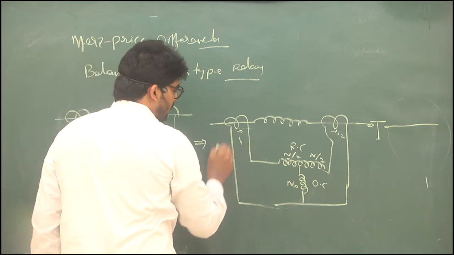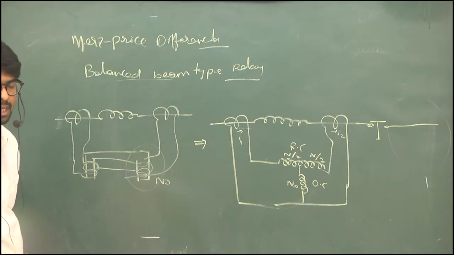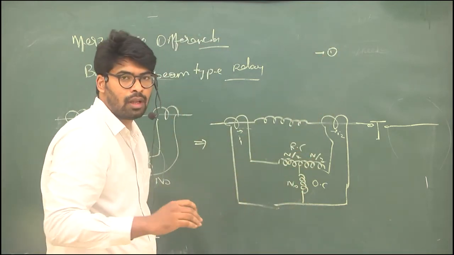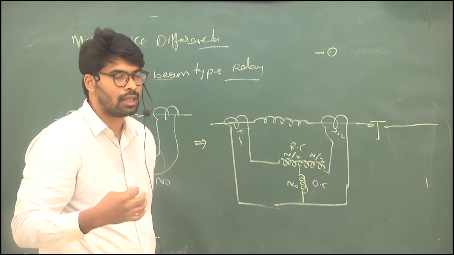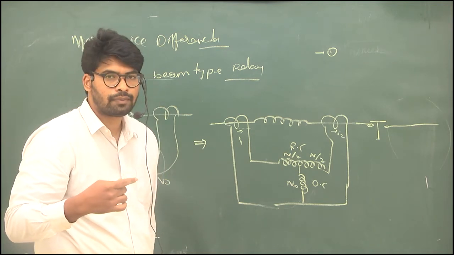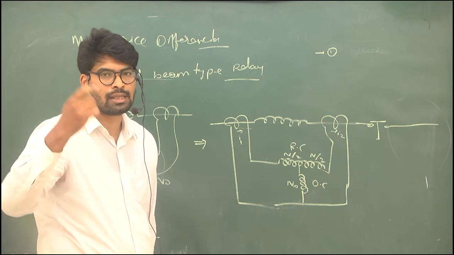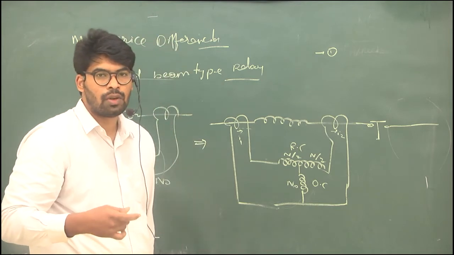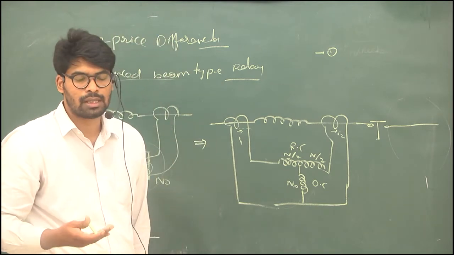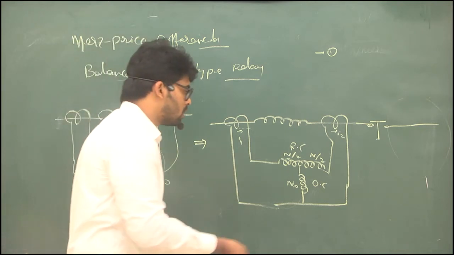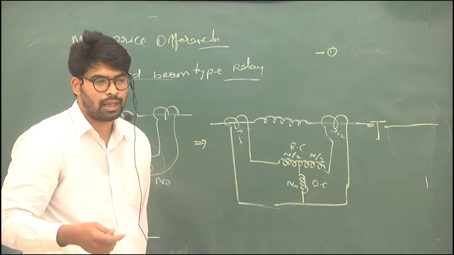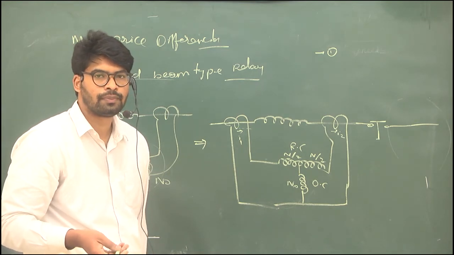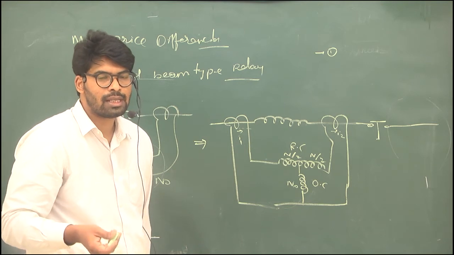The main advantage of using this balanced beam type is, first, that it doesn't detect faults which are very negligible, such as unwanted sudden strikes where the relay need not operate, so we just neglect those. If the circuit operates at that instant, it is not advantageous for the circuit.